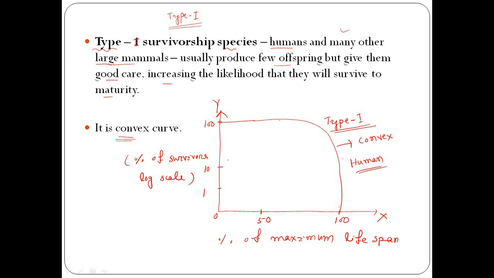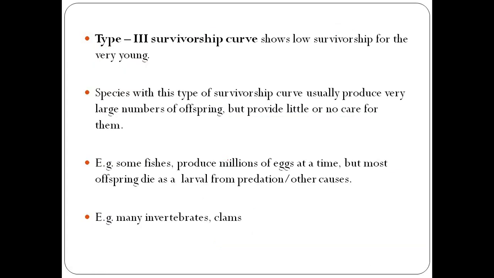Now come to another type of survivorship curve, that is type 3. Before going to type 2, let's talk about the type 3 survivorship curve. Here the mortality rate is higher. The curve shows low survivorship for the very young, because the mortality rate is high.